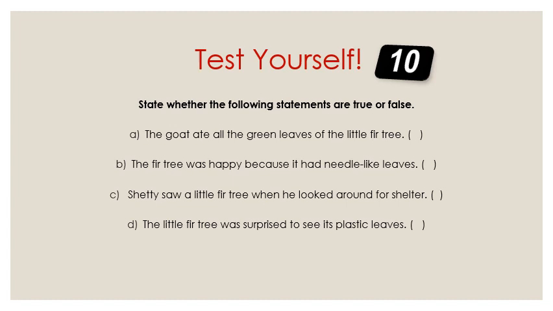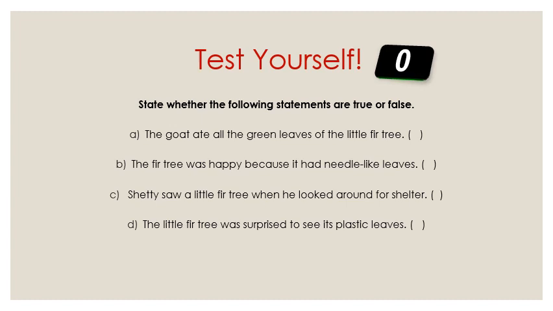Shetty saw a little fir tree when he looked around for shelter. And number 4. The little fir tree was surprised to see its plastic leaves. And your time starts now. Uh-oh, time up.